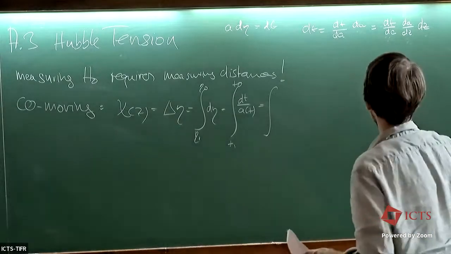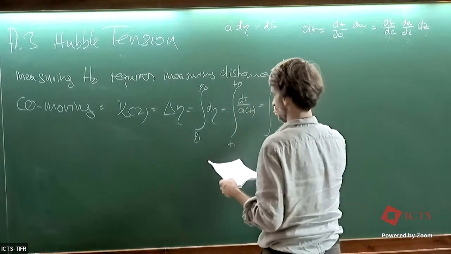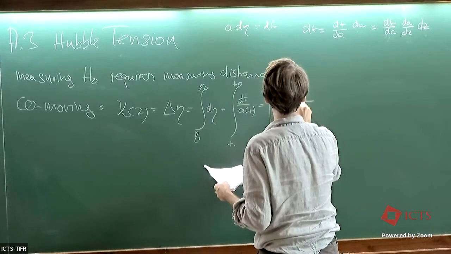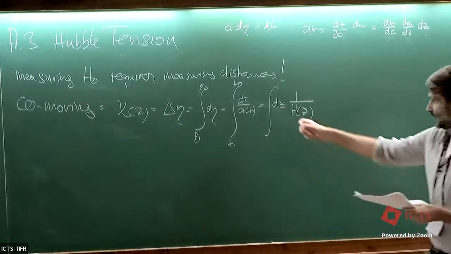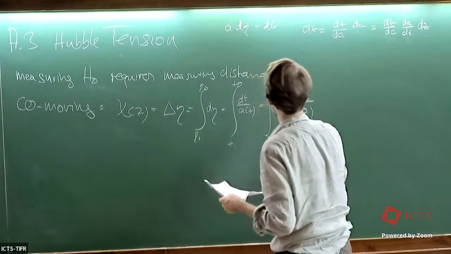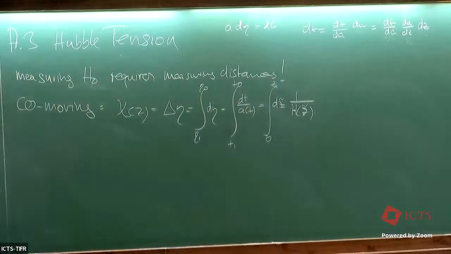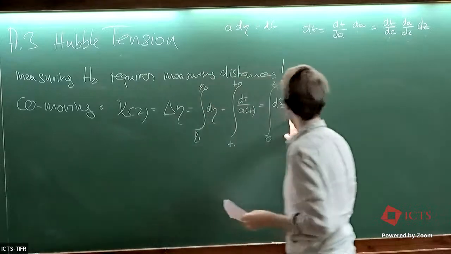So what you get then is that this distance is an integral of 1 over H of z, a redshift integral that runs from 0 to z, so z being the redshift of the source, and you integrate the inverse Hubble parameter.